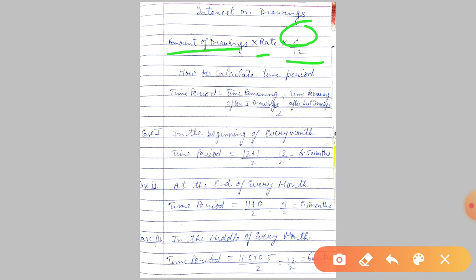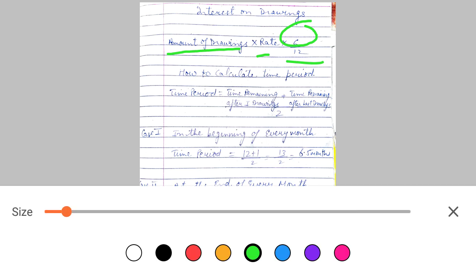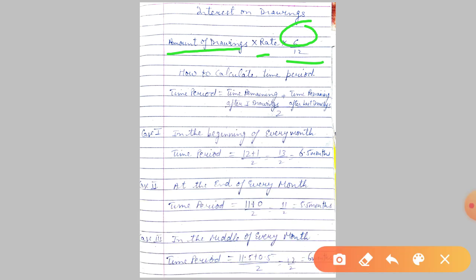What is this formula? Time period is equal to time remaining after first drawing plus time remaining after last drawing, divided by 2.